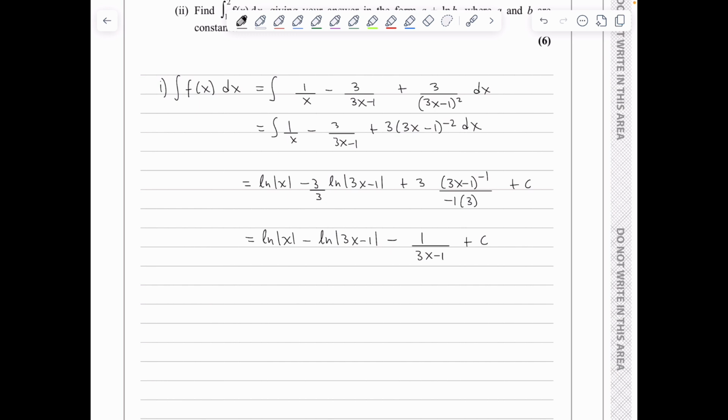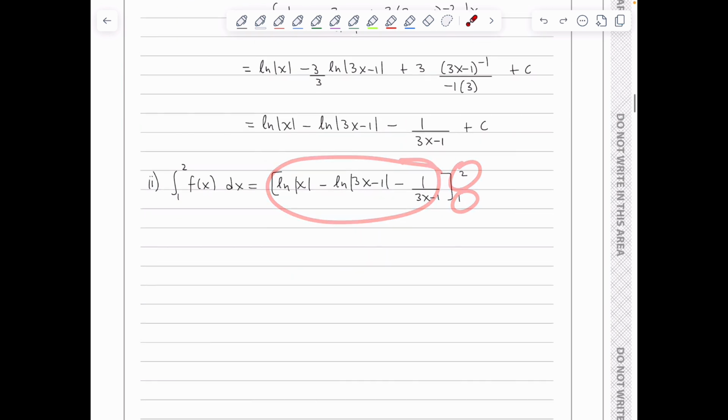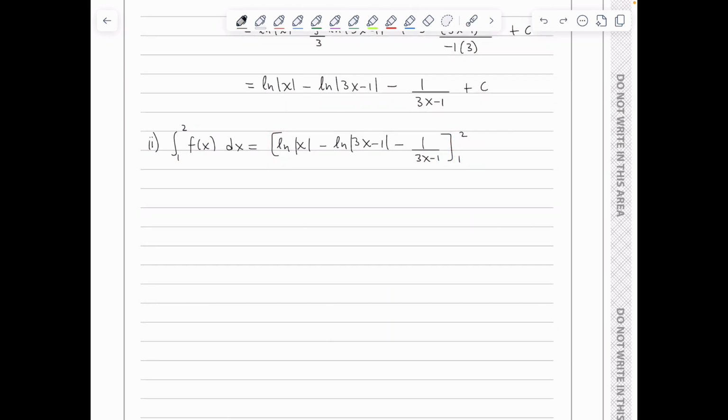I will then proceed in part ii, which requires me to evaluate the integral with limits of 1 and 2. So I will simply take the expression we just obtained. We've got the limits of 1 and 2. I will start by substituting the upper limit of 2. This leads to ln of 2 minus ln of 3 times 2 minus 1 minus 1 over 3 times 2 minus 1.